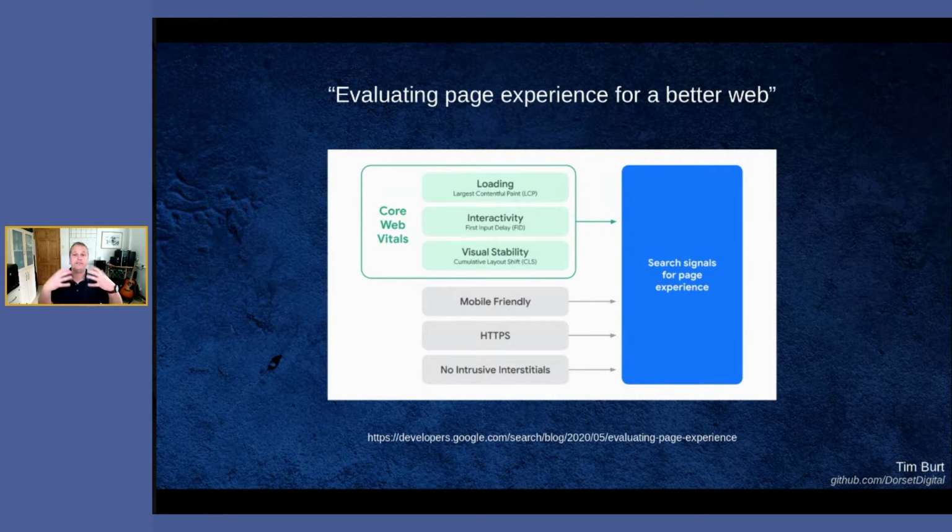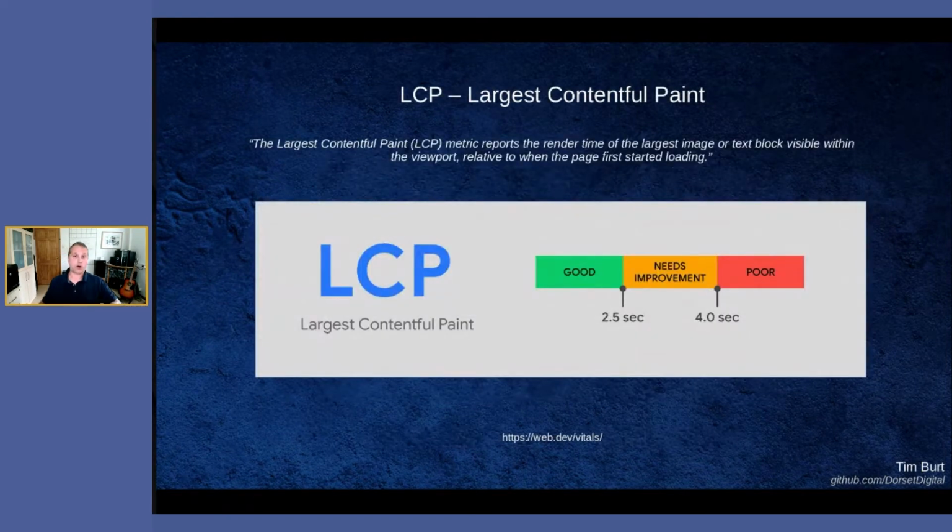And finally, the visual stability of the page, which you can probably guess what it means. We'll cover that in detail in a second. These three things together give you an overall Core Web Vitals value, and that gets pushed into the page experience algorithm, and will affect positively or negatively the ranking for any given page, and overall a site as well. We'll deal with them one by one very briefly. All of this information is available on the Google website. There's a link at the bottom of the slide.